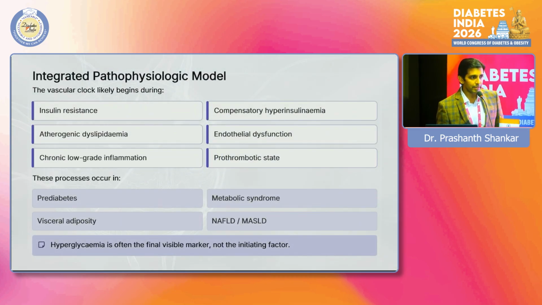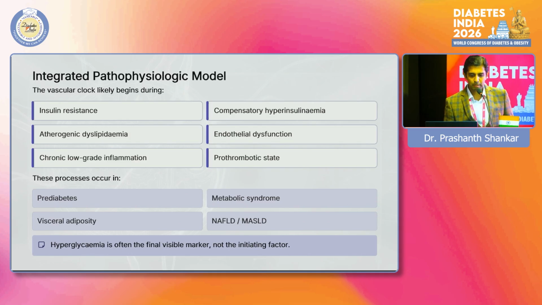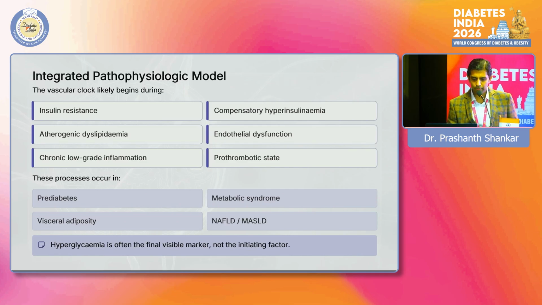So this is the integrated pathophysiological model. The vascular clock likely begins with insulin resistance, atherogenic dyslipidemia, low-grade inflammation, and endothelial dysfunction, and these processes can occur in prediabetes with visceral adiposity, the metabolic syndrome, and MASLD, which you all know. And hyperglycemia is often the final visible marker, not the initiating factor.